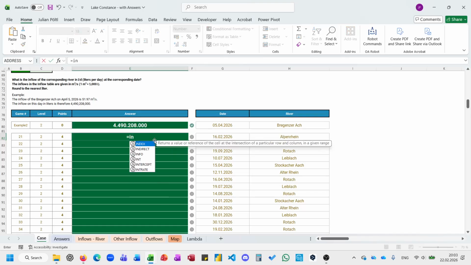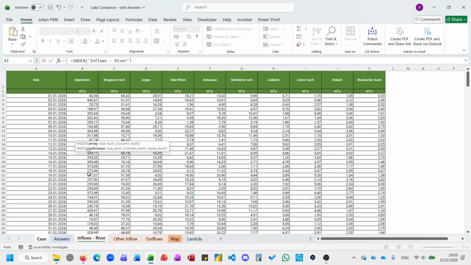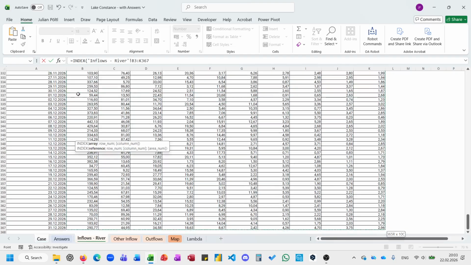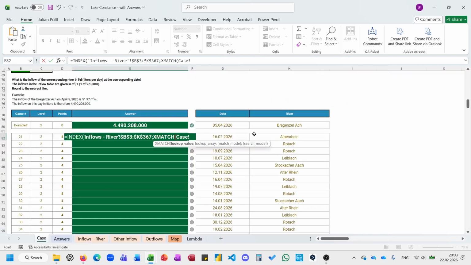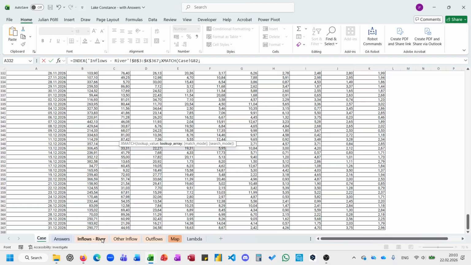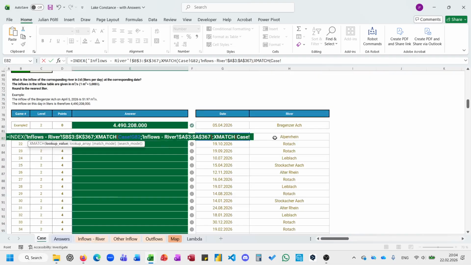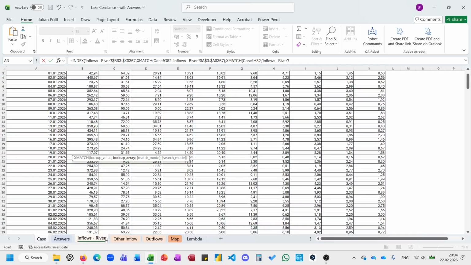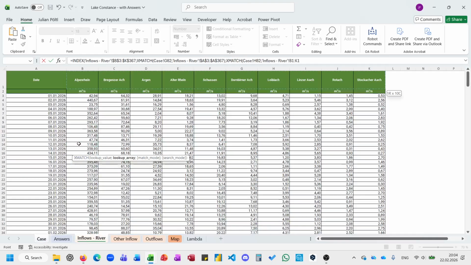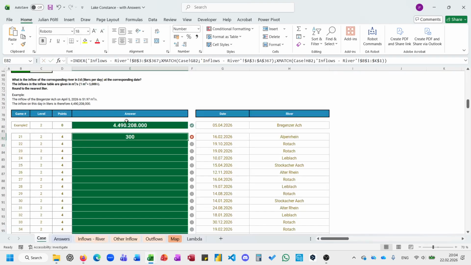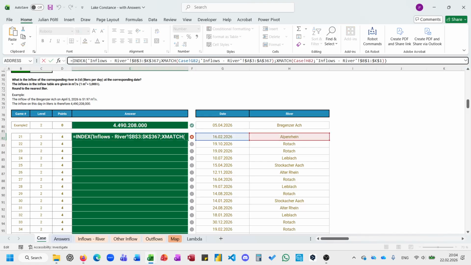Here, that is basically the same, except this time it's a two-dimensional XLOOKUP. The row is given by the date, the river is given by this, and then we again have this in cubic meters per second.